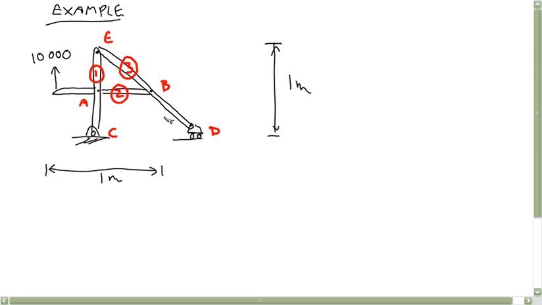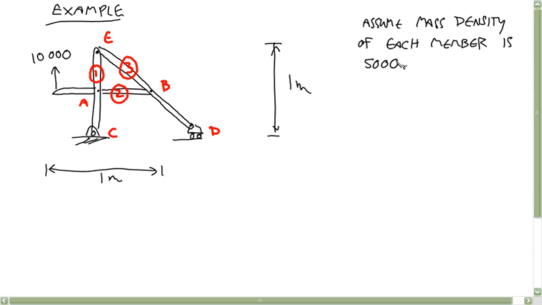This time, what's going to be different is we're going to assume the mass density of each member is 5,000 kilograms per meter. Notice it's an unusual kind of density.